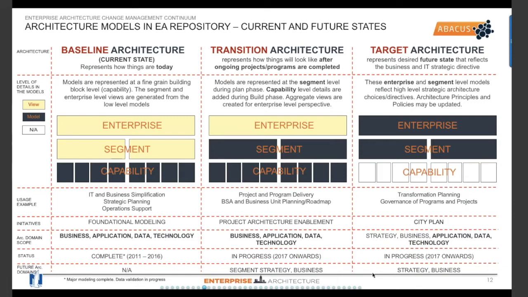And again, the nice thing is that Abacus allows us to connect all these 3 architectures, and we are able to do gap analysis between the transition architecture, the baseline architecture, and the target architecture, really between any architectures.